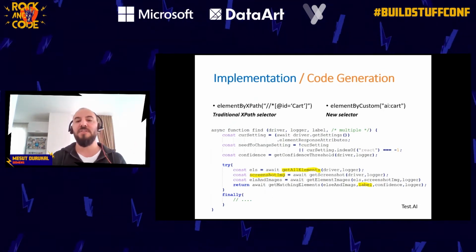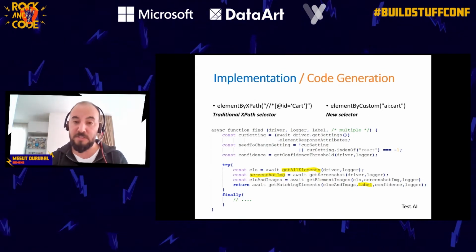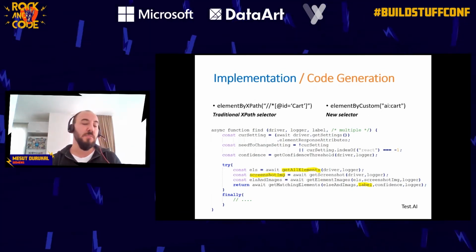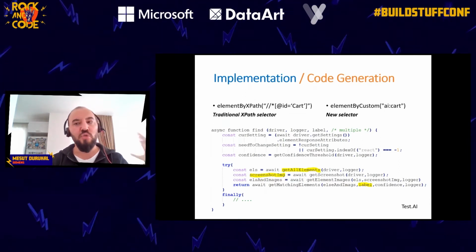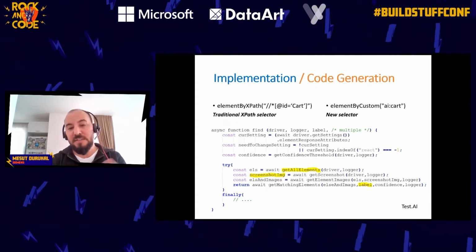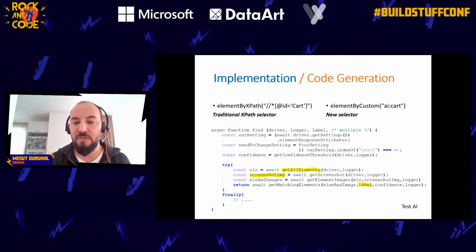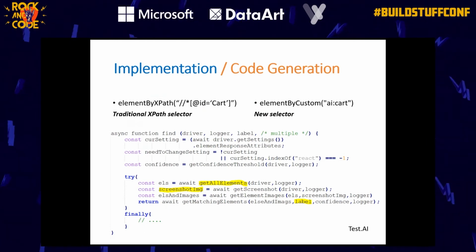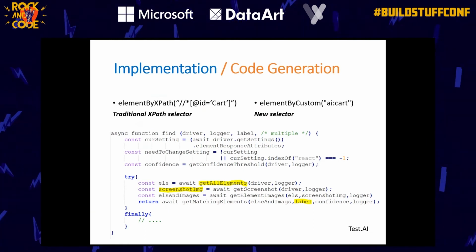Instead of using traditional locators and selectors, I can recognize all the items and all the buttons on the page by visual recognition algorithms, right? This is example code taken from the test.ai repository. They have an open repository, and you can go and check how it works, which is why I put the example on the slide.